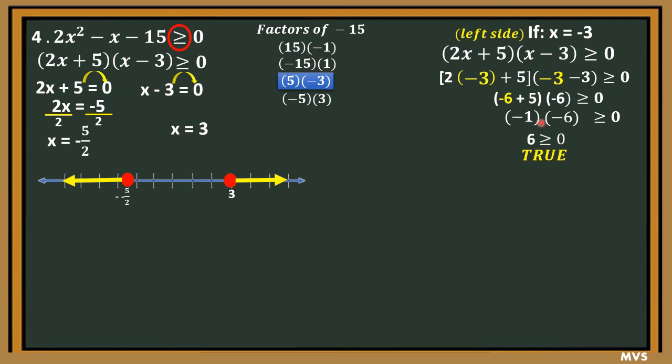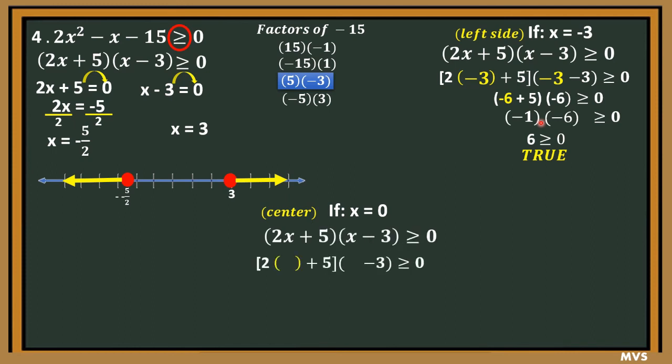Let's go to the center. I'll choose 0, factor form, and then substitution. I just copy 2. What is the value of x? 0. Just copy plus 5. X is 0. Just copy minus 3, greater than or equal to 0.